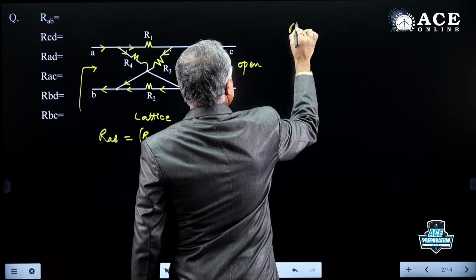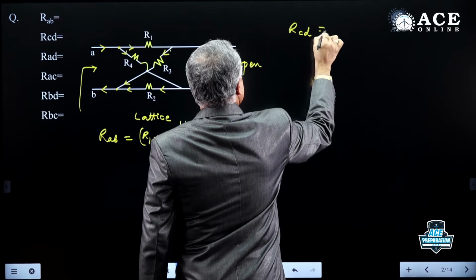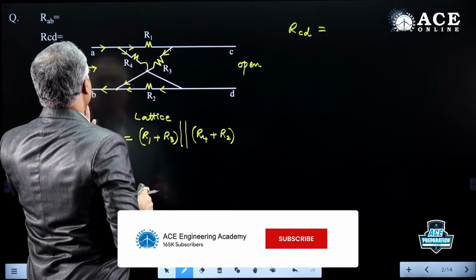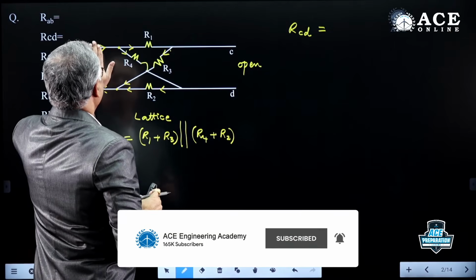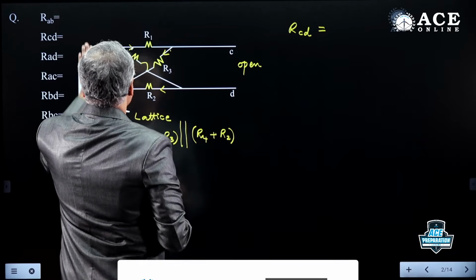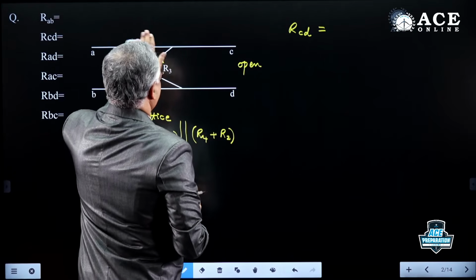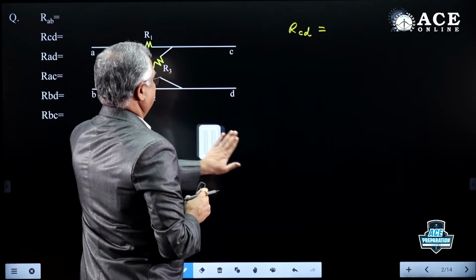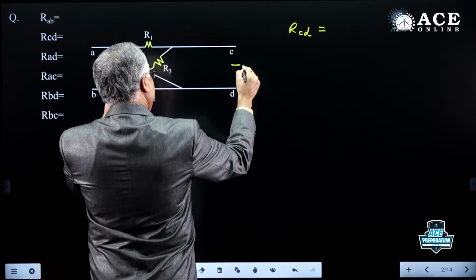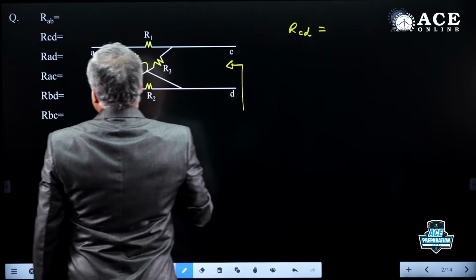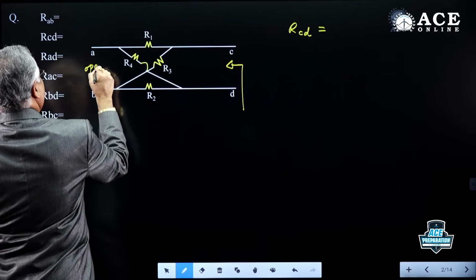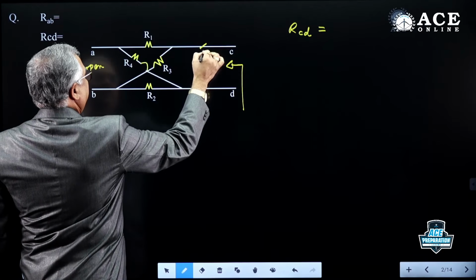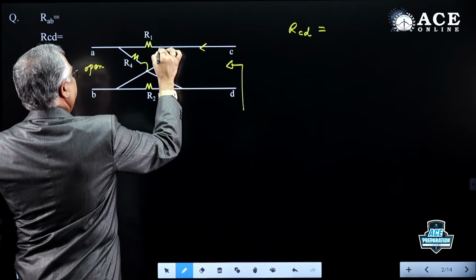Next RCD. When we are looking from CD, AB is open. So this is almost similar to the previous one. Now we are sending current from C, again dividing.